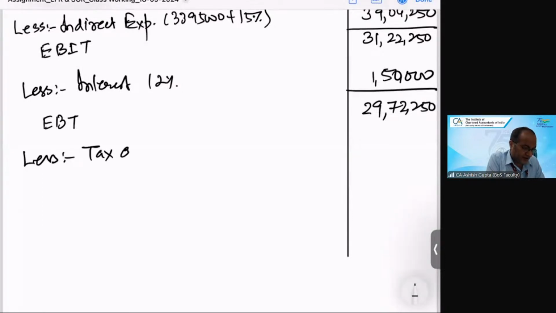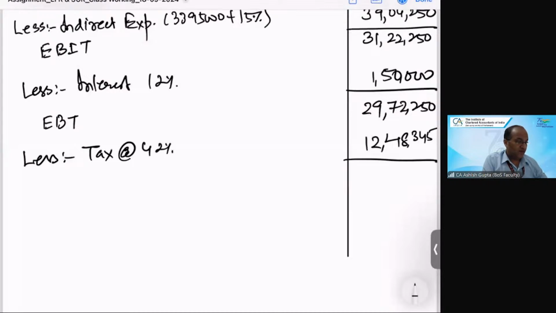Less tax at the rate of 42%. So it comes to 12,48,345. So the net figure, earning after tax, comes to 17,23,905.